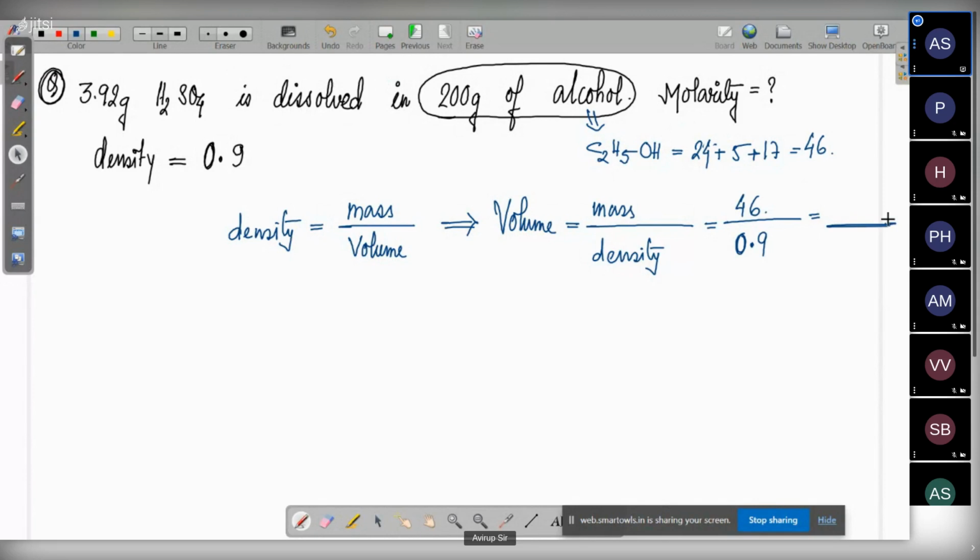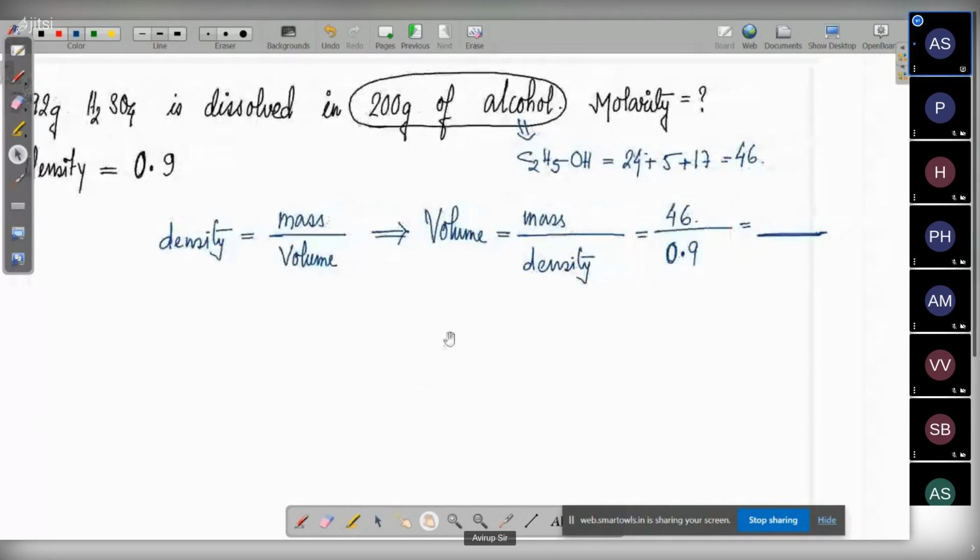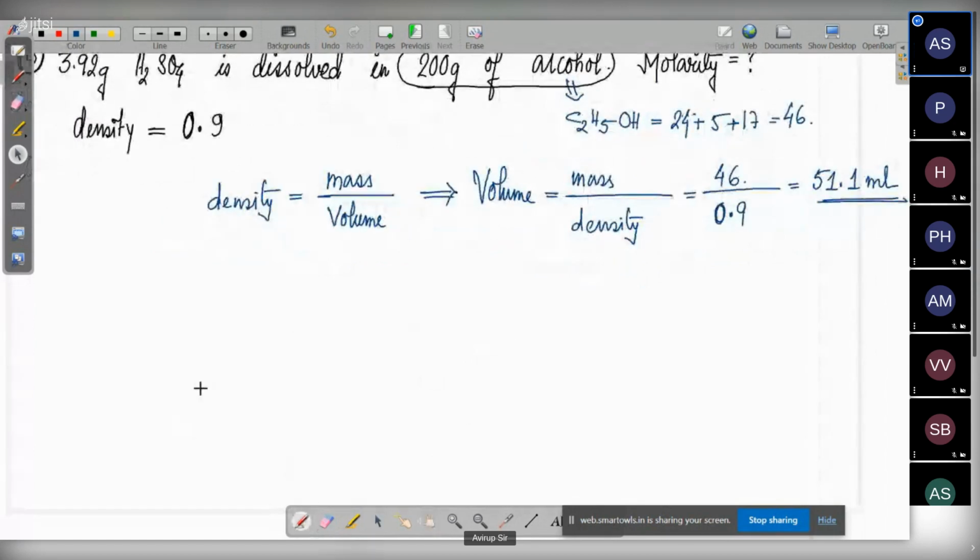Now that you have found out the value of this volume, this will come at 51.1 milliliter. So you have got the volume. Now you apply the simple formula for molarity.